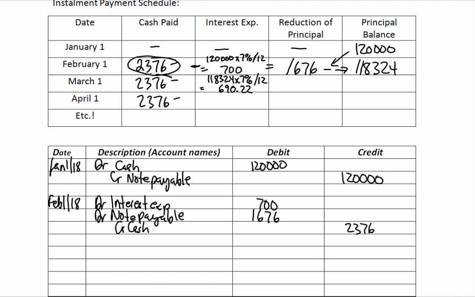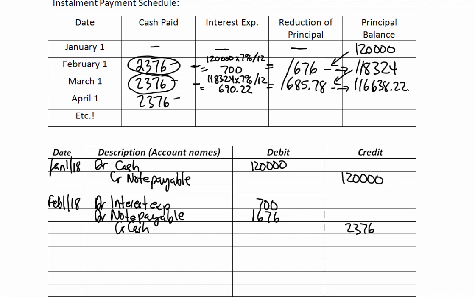So now, how much of this $2,376 is actually going to go towards the principal, to reduce the principal and reduce my future interest costs? I'm going to deduct that, and that's going to equal $1,685.78. That's how much is going to go against my principal, so I can reduce my principal down lower, 116,638.22.